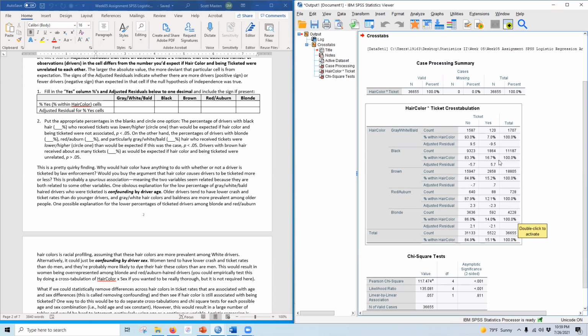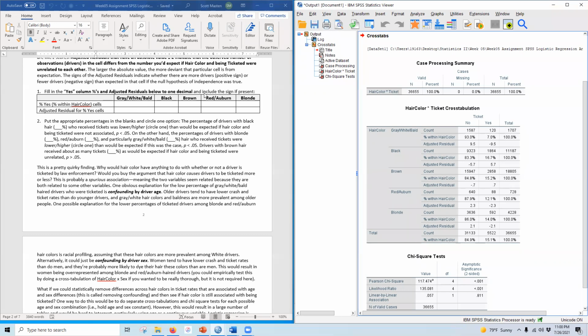Are those differences statistically significant? First table of the chi-square, sig is less than 0.05, yes. So hair color is related to your odds of getting a ticket your first year of driving. That's kind of goofy. Anyway, let's answer the questions. Fill in the yes column percents, column percents here, not column percents here.